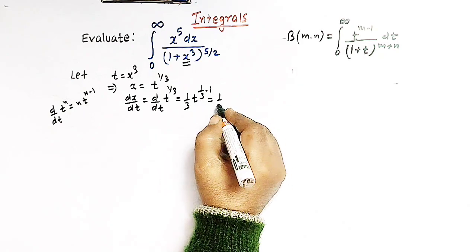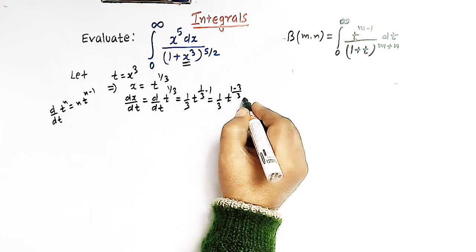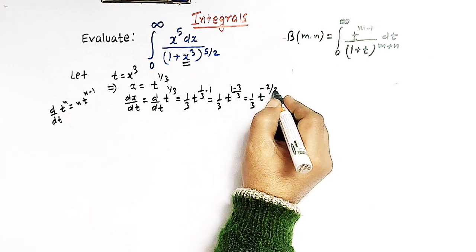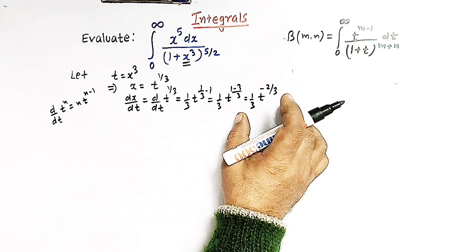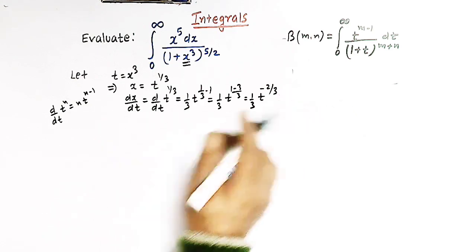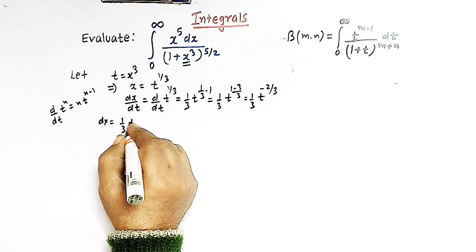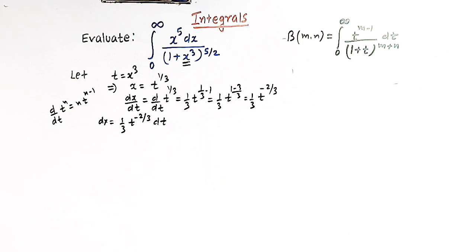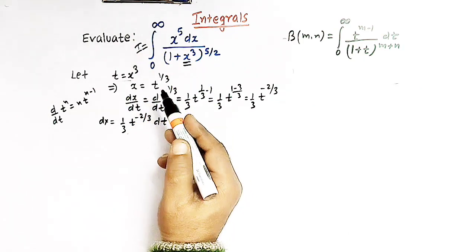So this is 1 over 3 t raised to (1 minus 3) over 3, that is 1 over 3 t raised to minus 2 over 3. So now dx over dt is equal to this expression, and we can write dx is equal to 1 over 3 t raised to minus 2 over 3 dt.